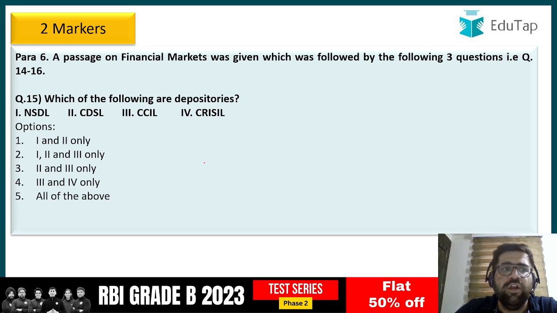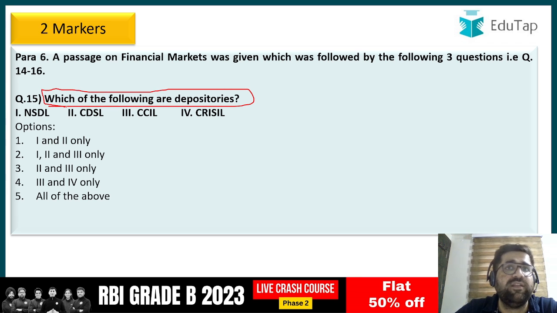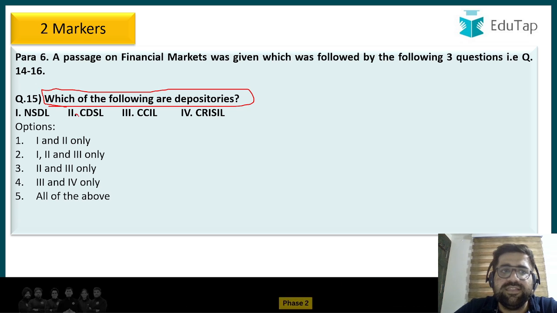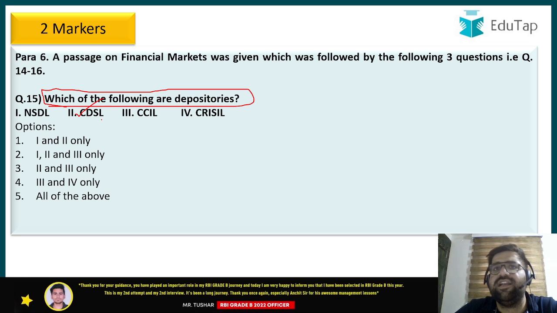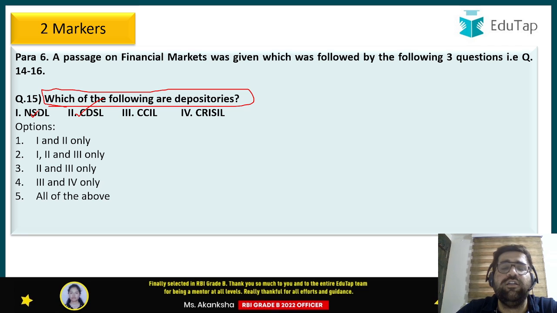Question number 6. Which of the following is and are the depositories? Now, I hope you remember there are 2 depositories in India. CDSL, which looks after the settlement of your BSE, that is your Bombay Stock Exchange, and NSDL. NSDL looks after your National Stock Exchange.